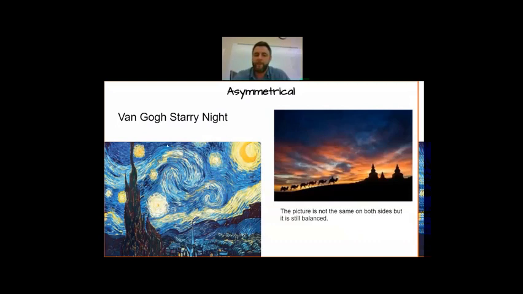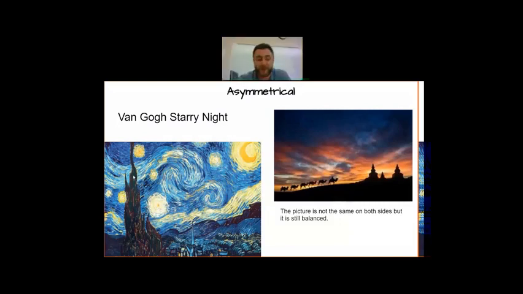So can anybody tell me maybe what they think about the Starry Night? You guys seen this picture before? Starry Night, how do we think this is asymmetrical? I think it's asymmetrical because on one side it shows a city, and on the other it shows that little pointy thing. Right?